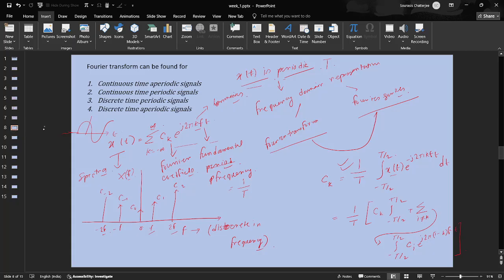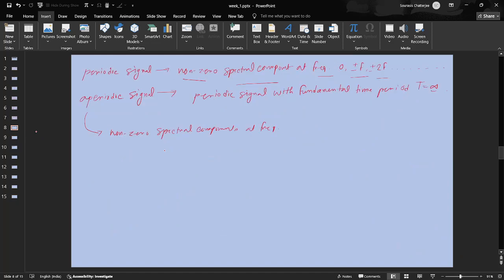Okay, sure. So now I am trying to extend whatever we have seen in context of periodic signal to an aperiodic signal by claiming it's a periodic signal with a fundamental time period T equal to infinity. For periodic signal, we have seen that frequency components appear only at 0, plus minus f, plus minus 2f. So what do you think is going to happen for an aperiodic signal? First of all, when I say fundamental time period is infinite, what can I say about fundamental frequency here? Let me call this f dash.